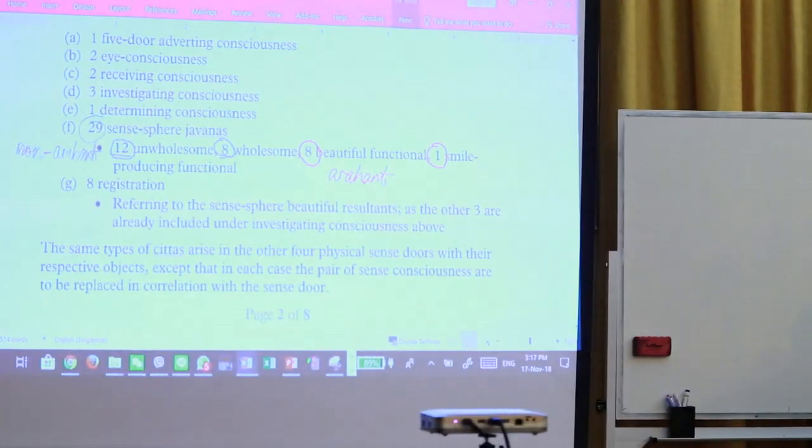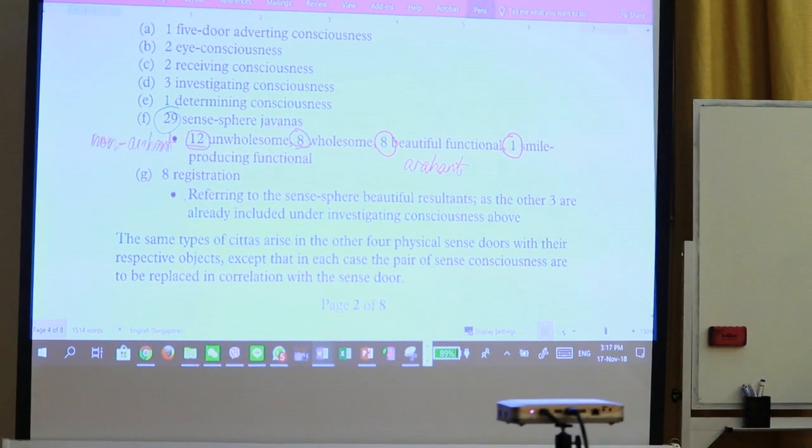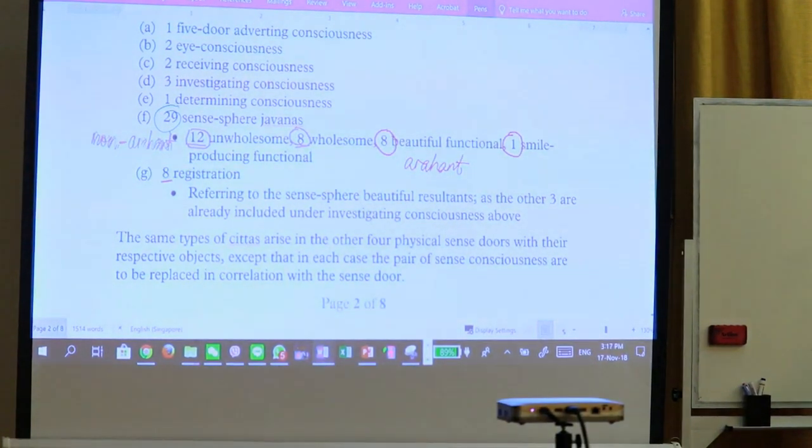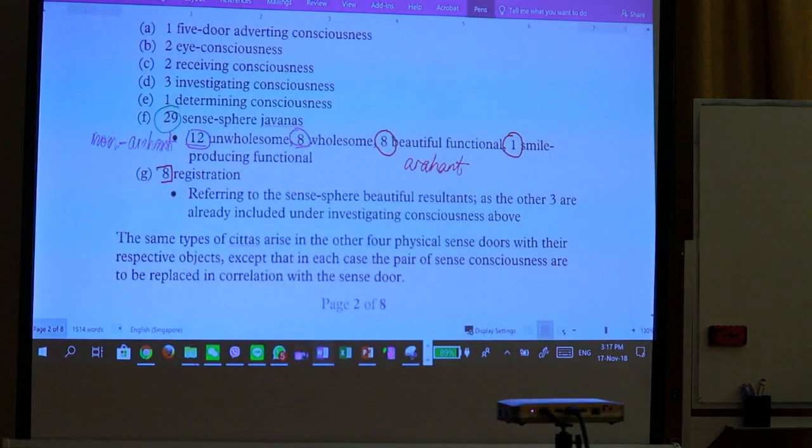They explain we put only 8 according to the count. Now we are going to count how many consciousness arise in the IDO process, but we are not going to talk about the functions of the IDO. If I take the functions of consciousness, they are 11.